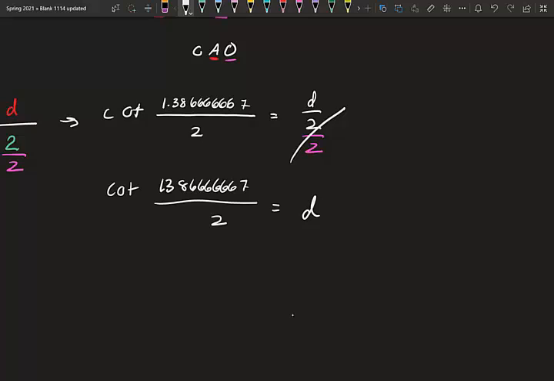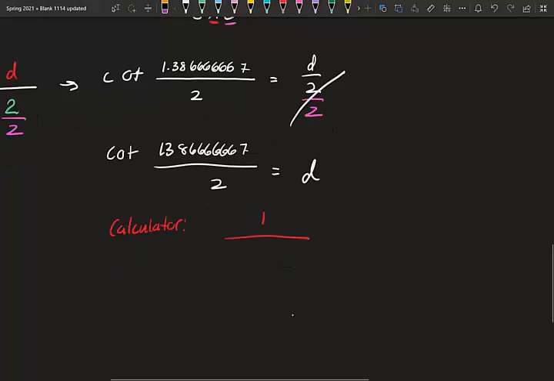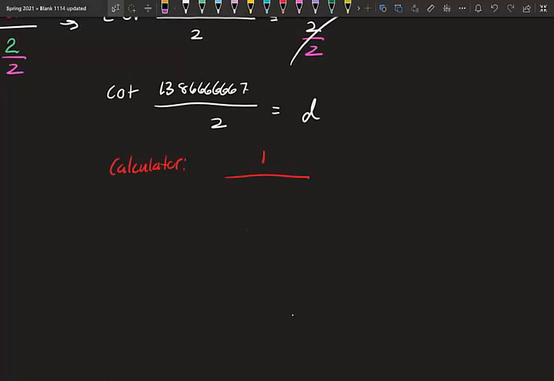Great, but we can't plug cotangent into the calculator, so we need to use the reciprocal of it. With our calculator, we use the tangent function and remember we have to take the reciprocal, 1 over the function itself. Cotangent's on top here, so we need to keep tangent on the bottom.